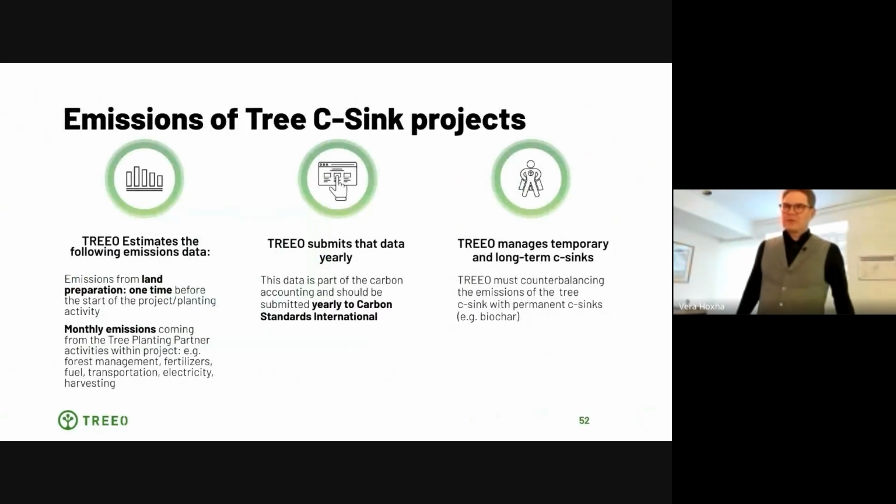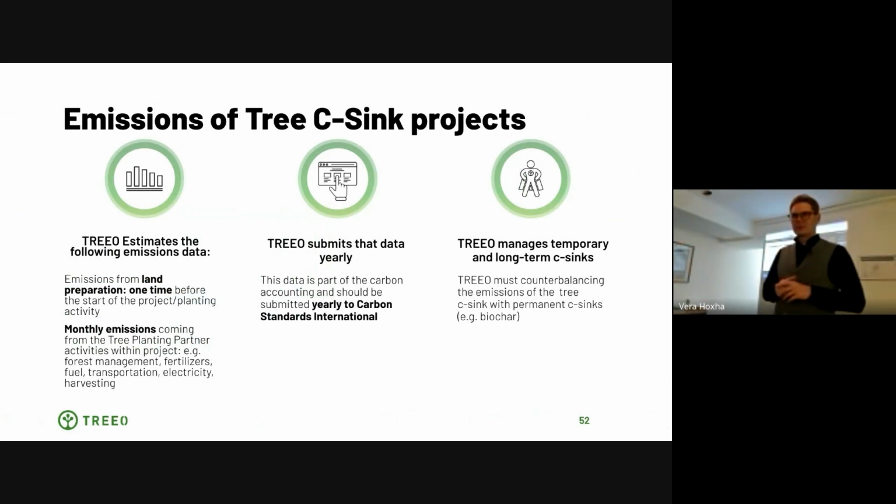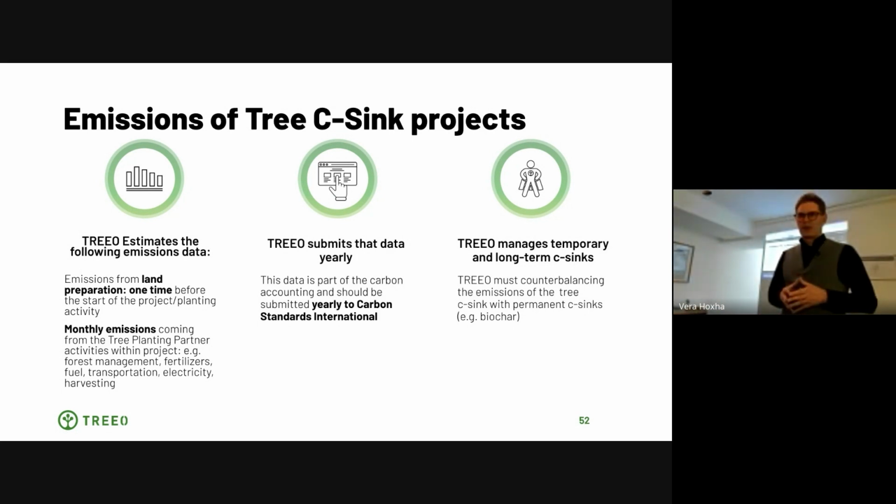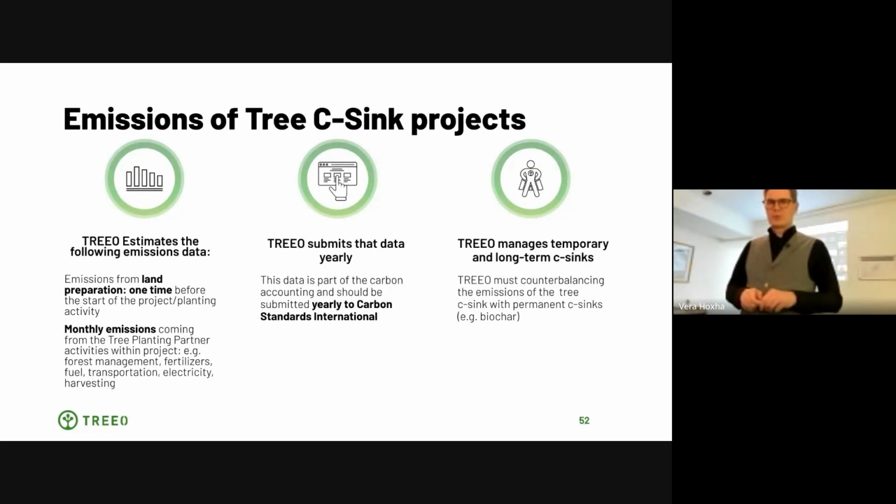Yeah, then there's a big difference, as Armin explained already, in how emissions are handled in the TREEO sync. First of all, emissions have to be reported also to the registry, and these emissions include the preparation of the land, we call this baseline emission, removing some shrubs. There's also a requirement to keep trees intact. So if there are standing trees, it has to be proven that they have been there, and later there is also monitoring.